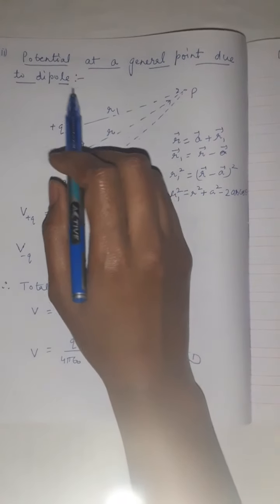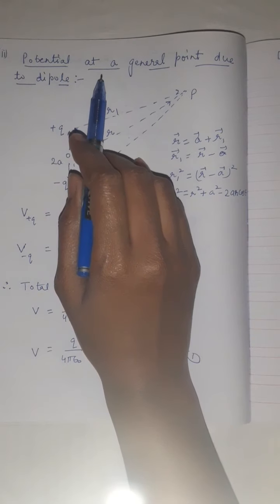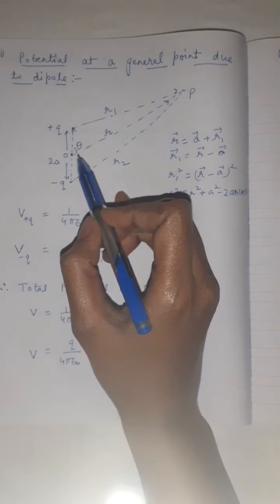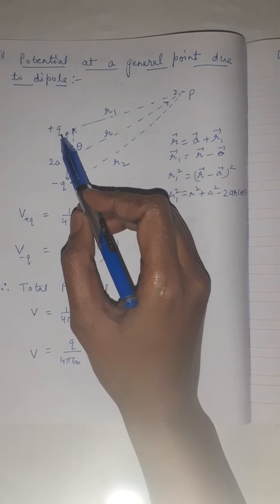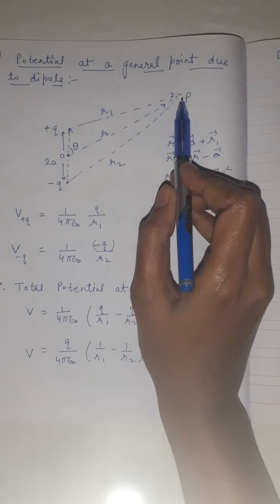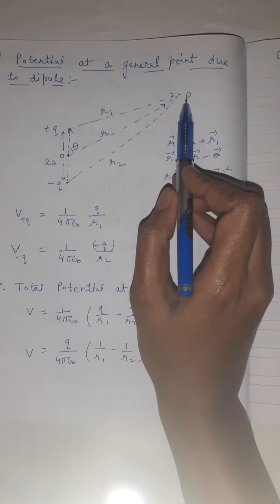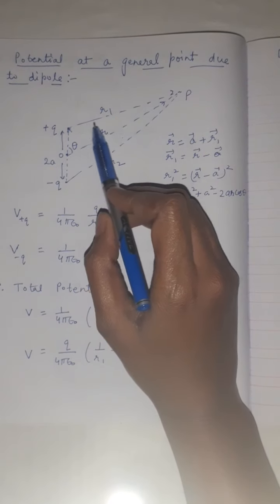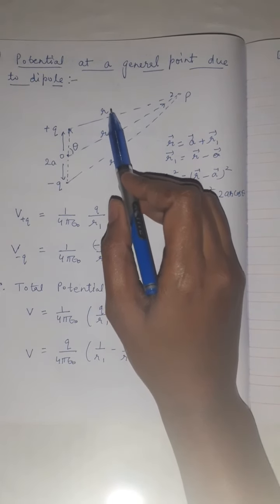Now the third case is potential due to an electric dipole at a general point. So this is the electric dipole. Charges are minus Q, plus Q, and we want to calculate the electric potential at this point P. So the distance of the point P from the plus Q charge is taken as R1.